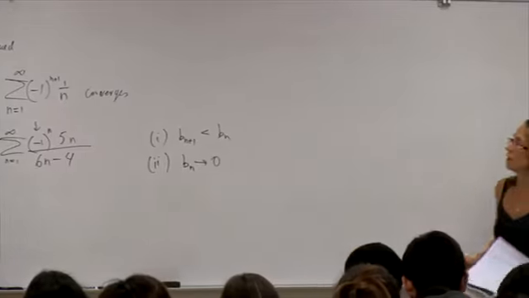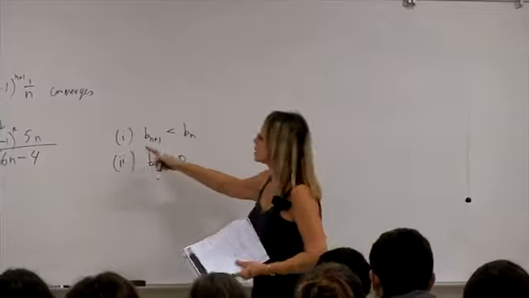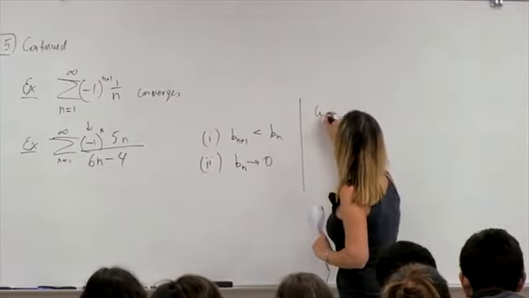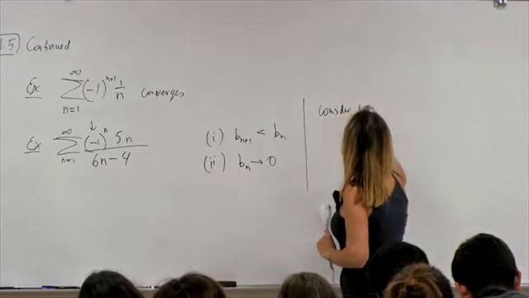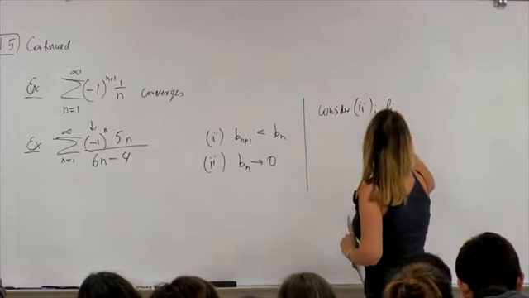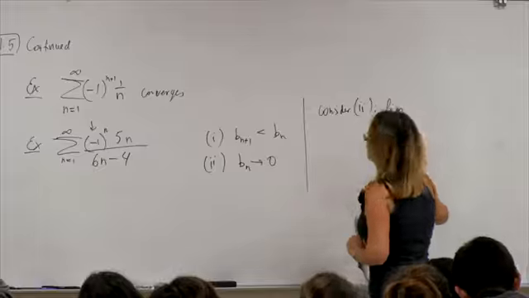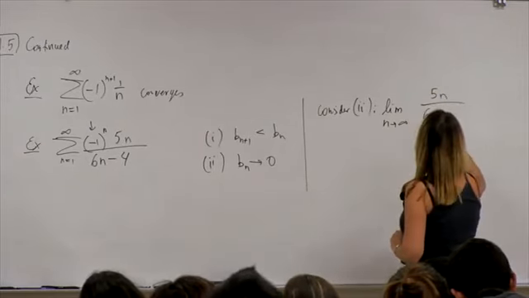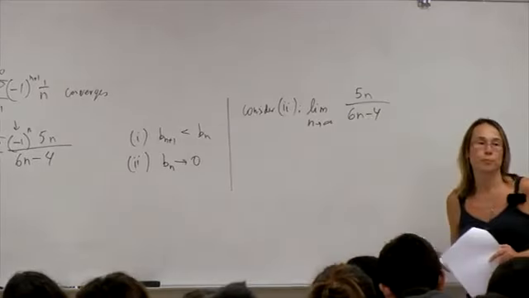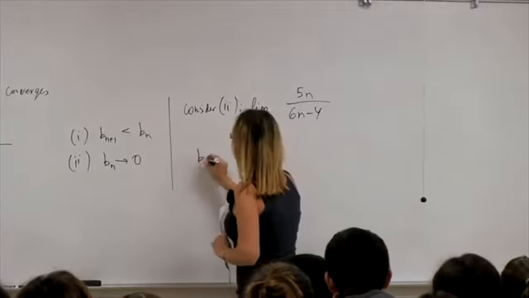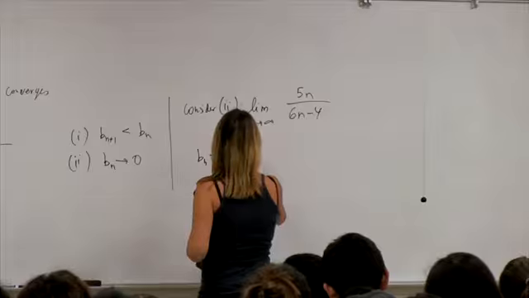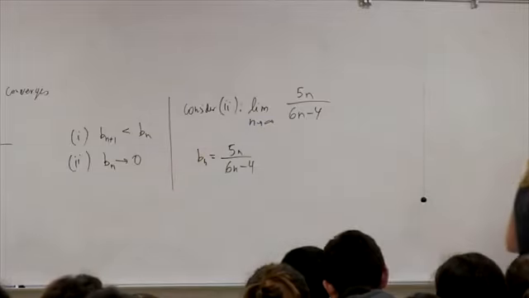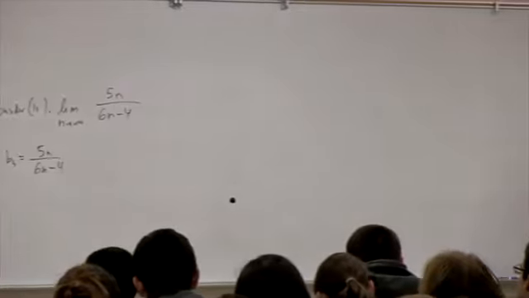So here, let's not worry about condition 1 at first. Consider condition 2 right away. What's the limit as n goes to infinity of 5n over 6n minus 4? Because b n here is given by 5n over 6n minus 4. So we have to calculate this limit to satisfy the second condition.